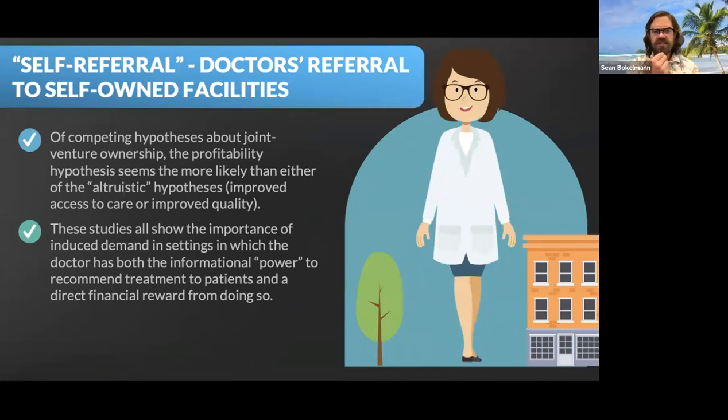So what these studies are showing us is the importance of induced demand, particularly in settings where the doctor not only has informational power, but they also have a direct financial reward for recommending a particular treatment to patients. So this is really where induced demand is sort of a problem.